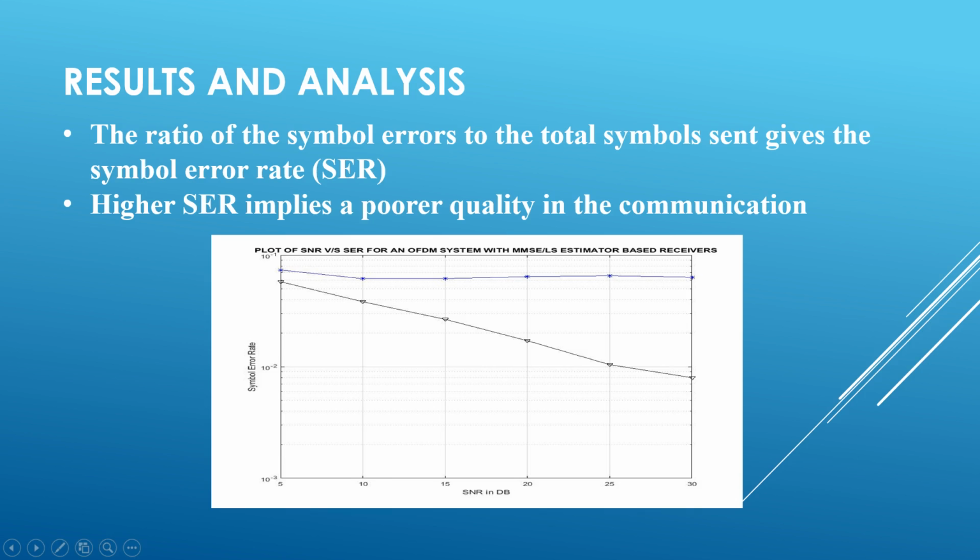So this is the plot we obtained for the SNR versus SER, and the black line with the triangles is the one for MMSE, and the blue one is for the LS. So as we see, for all values of SNR, the MMSE's plot is always lesser than the LS. So this again proves that MMSE is better than LS in terms of SER too.